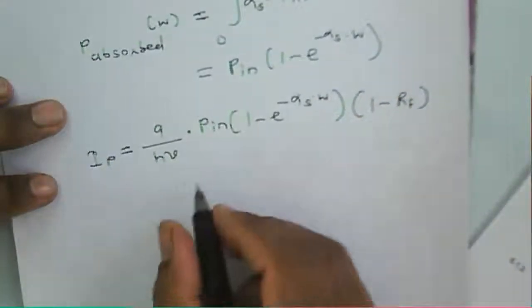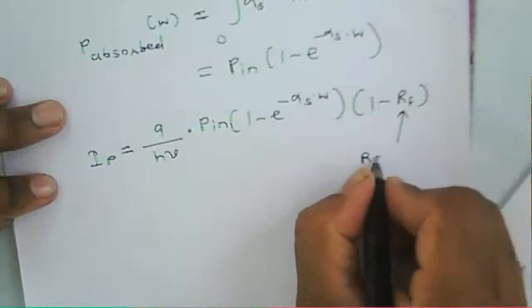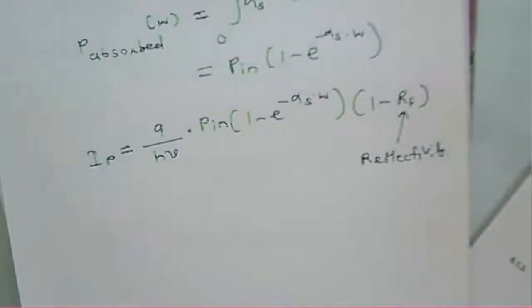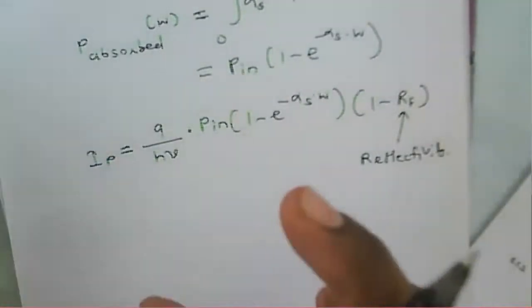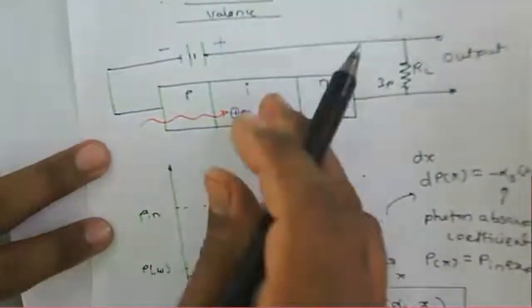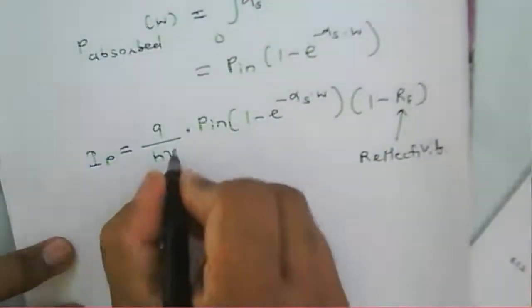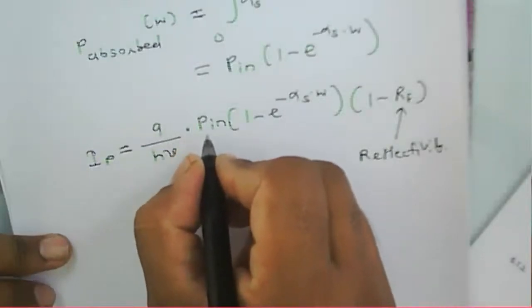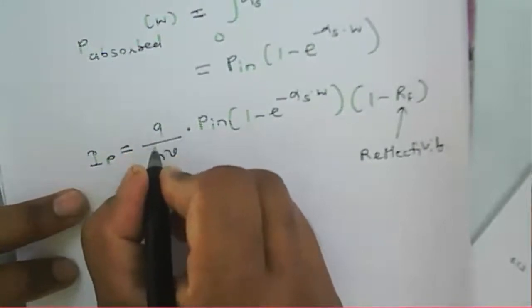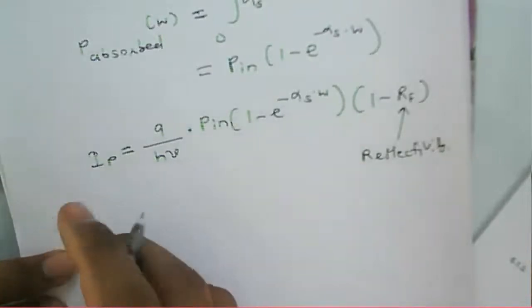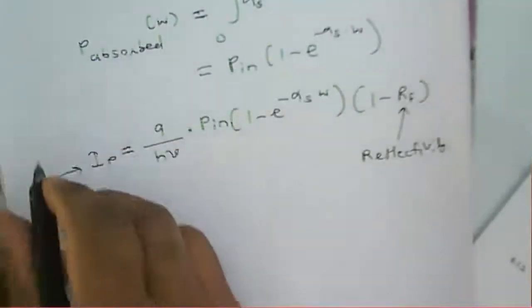That Rf is the reflectivity for the given particular material, or we can say at the entrance of the pin diode. P in is the incident power, q is the electron charge, and hν is the photon energy. So that is the photocurrent and absorbed power.